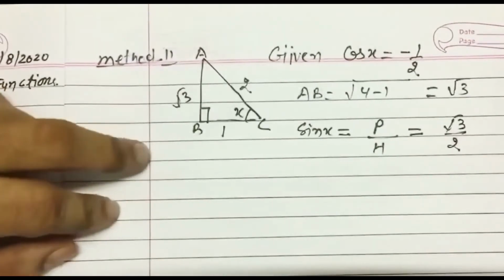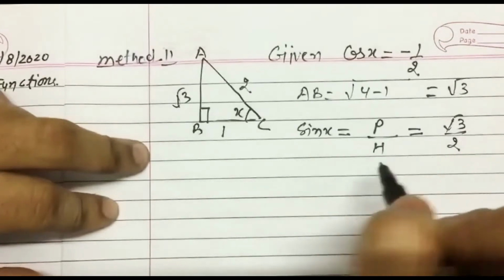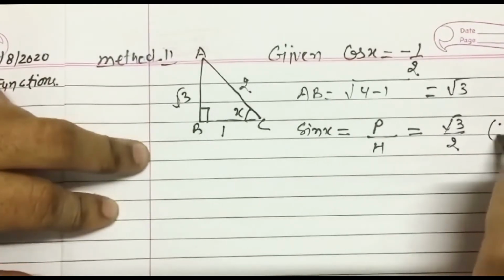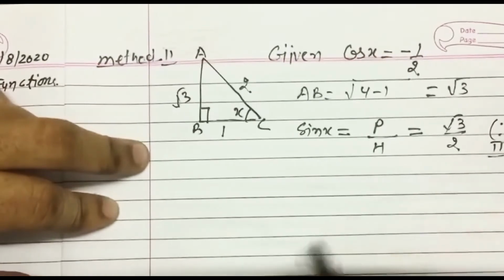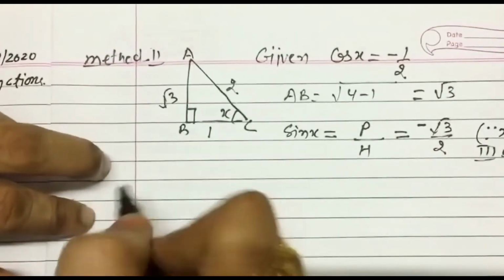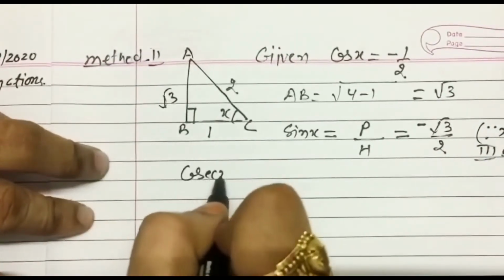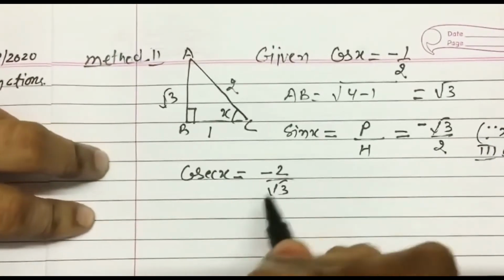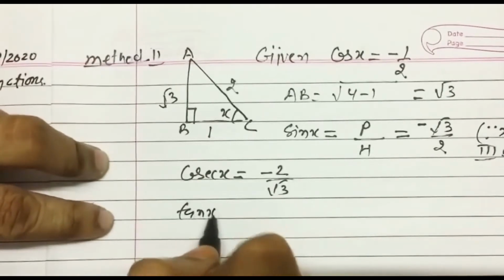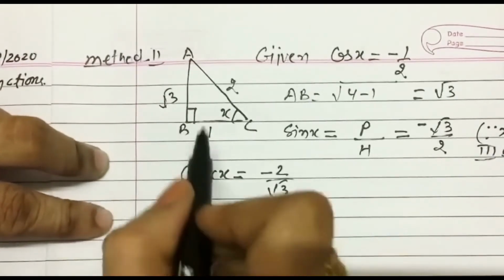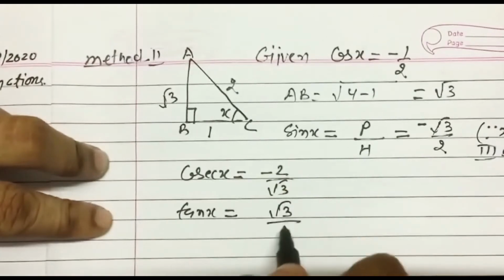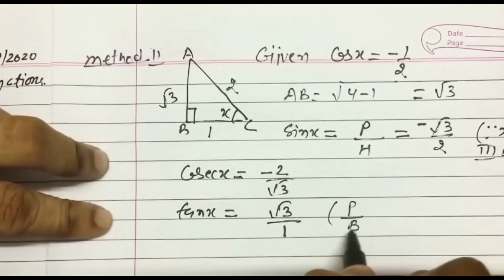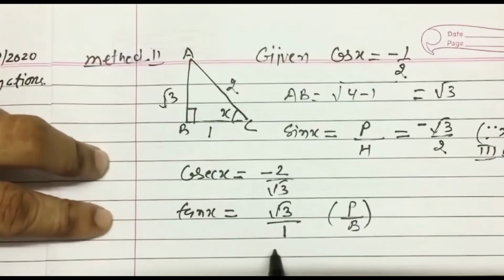And now check the quadrant. So here x is in the third quadrant, so take the negative sign. Clear? Now move on. Cosec x is minus 2 by root 3, as I included previously. And tan x is perpendicular by base, so it's root 3 by 1.